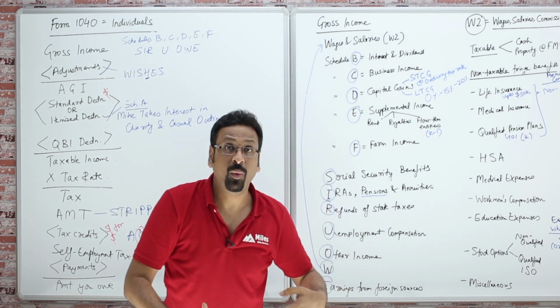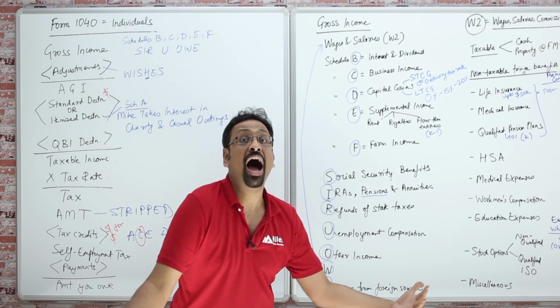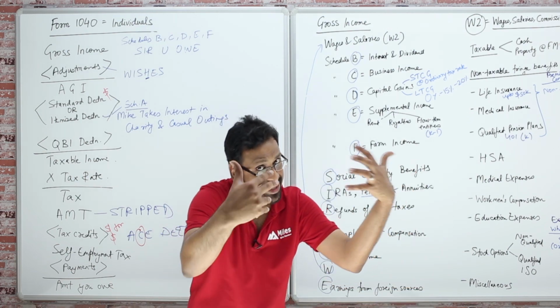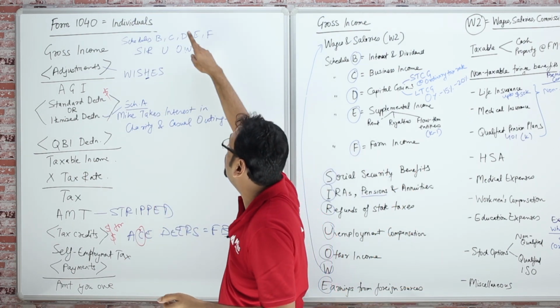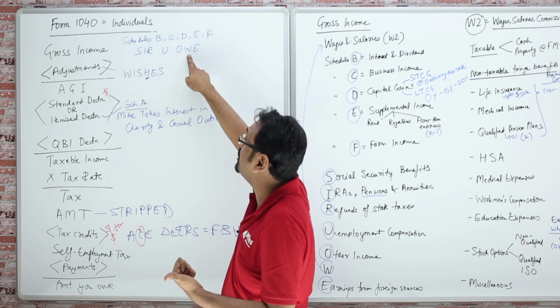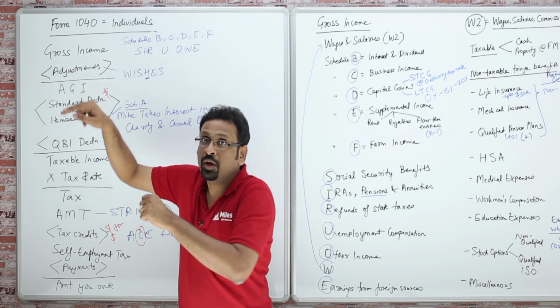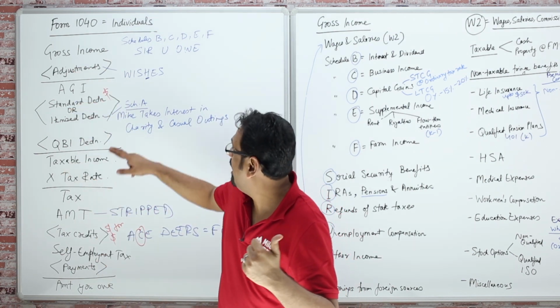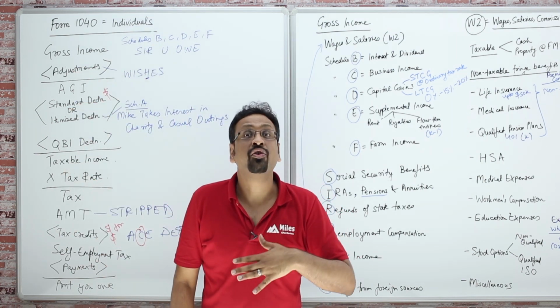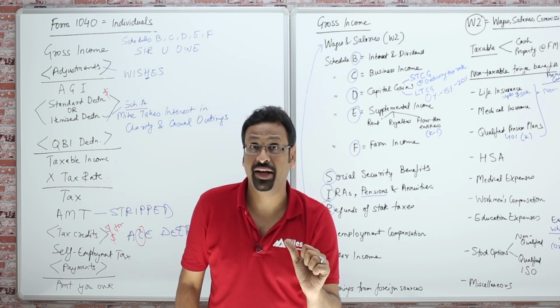After retirement, when the individual is getting the IRA distributions, the benefits, that is included in the I of SIR-UO as part of gross income. So this deduction and tax applies to traditional deductible IRA.